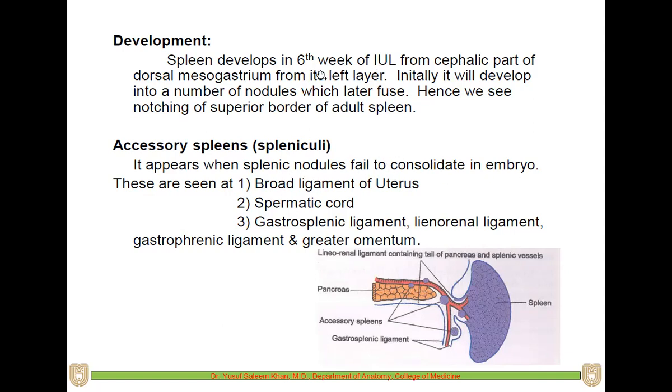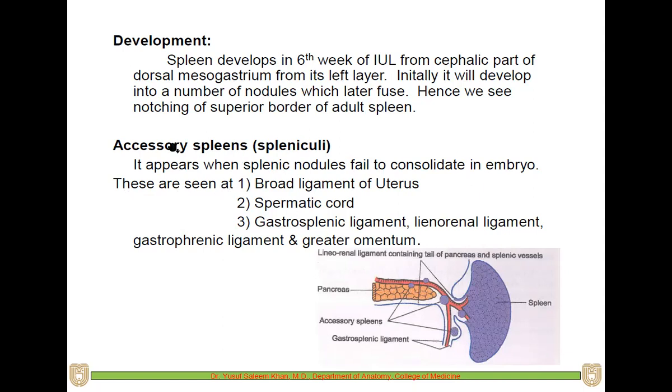As I said before, there will be multiple nodules or lobules which will later fuse. Sometimes one or two lobules will fail to consolidate, fail to join the main organ. So at that time, there will be development of the accessory spleen, or the spleniculi, in the embryonic stages.